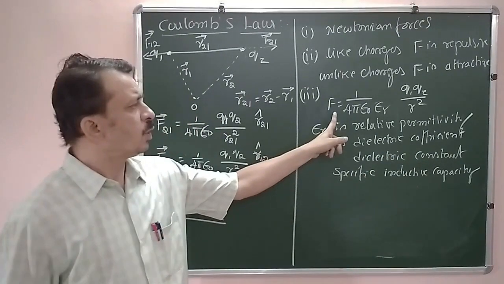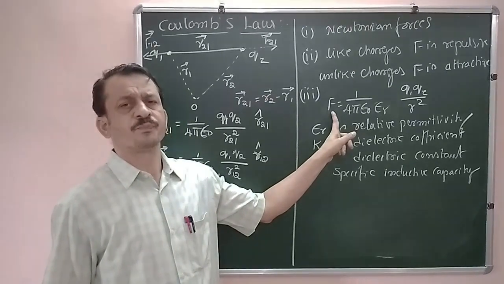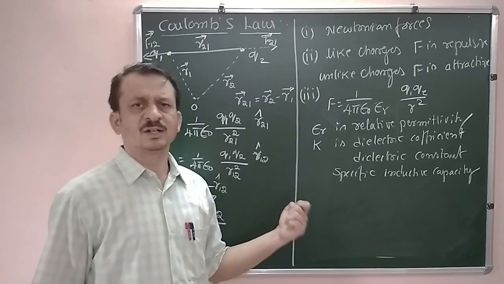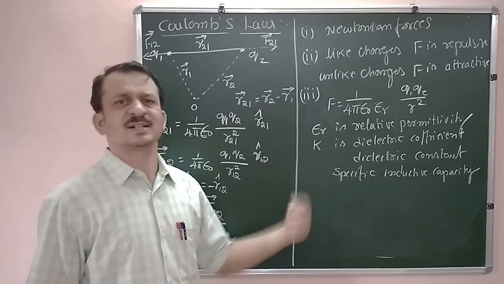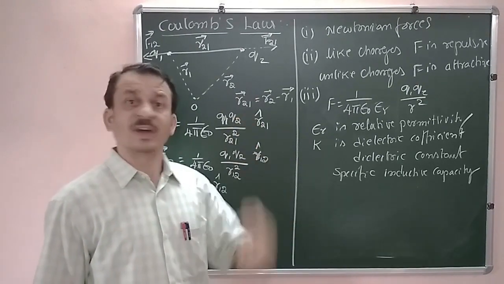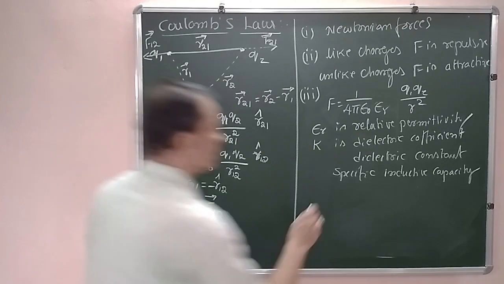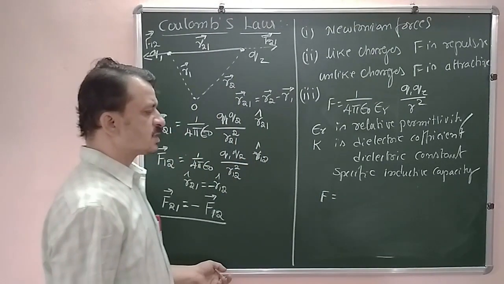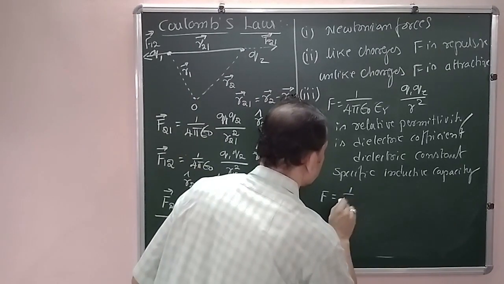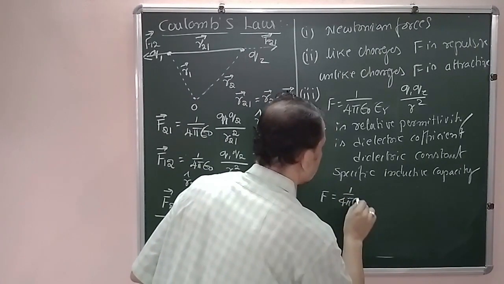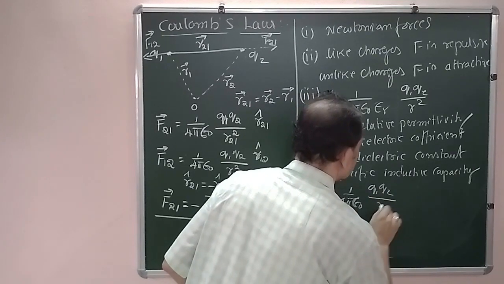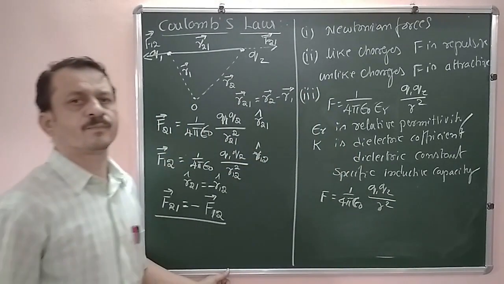So obviously this force is lesser in magnitude than when the same 2 point charges are placed at the same distance in air or vacuum medium. If I write F is the force between 2 charges in air or vacuum medium, 1 divided by 4 pi epsilon naught into q1 q2 divided by r square.